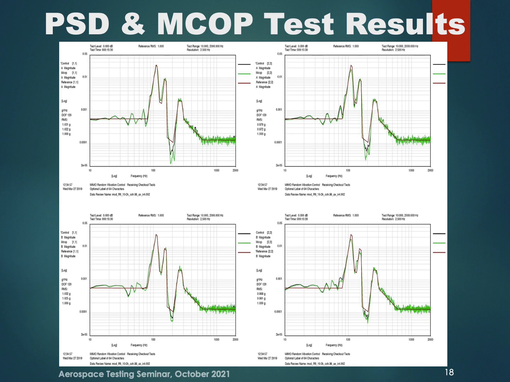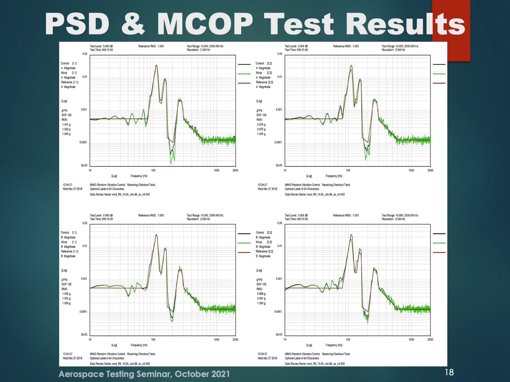On the top row, I have the result for test A. And you can see, particularly around 200 hertz, that the PSD for Y1 is larger than the MCOP by a pretty wide margin. The same is true for Y2 on the upper right. The black trace is significantly higher than the green trace.